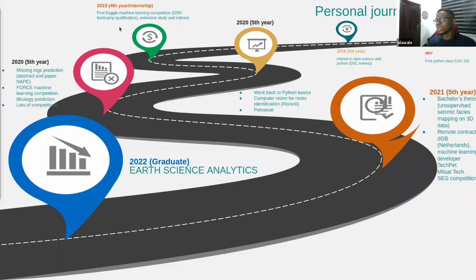And when I talk about my journey applying data science and machine learning in geoscience, I use the word unconventional, because I didn't intend to go into applying data science and machine learning in geoscience. I just wanted to do data science and machine learning.